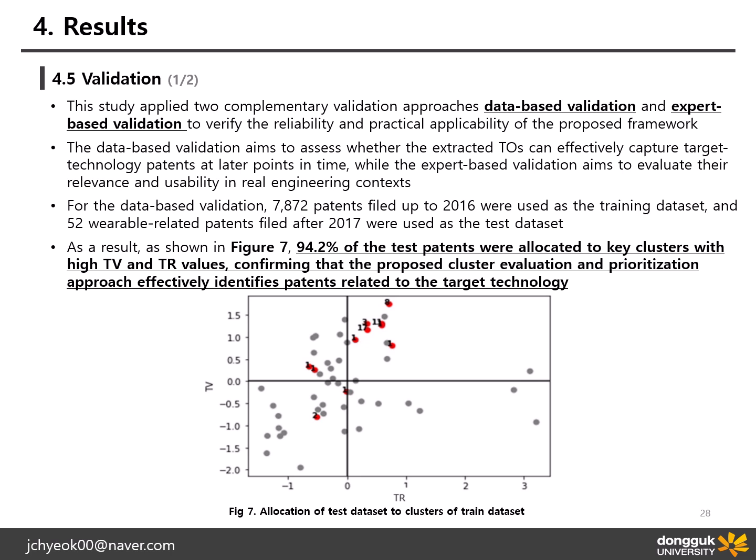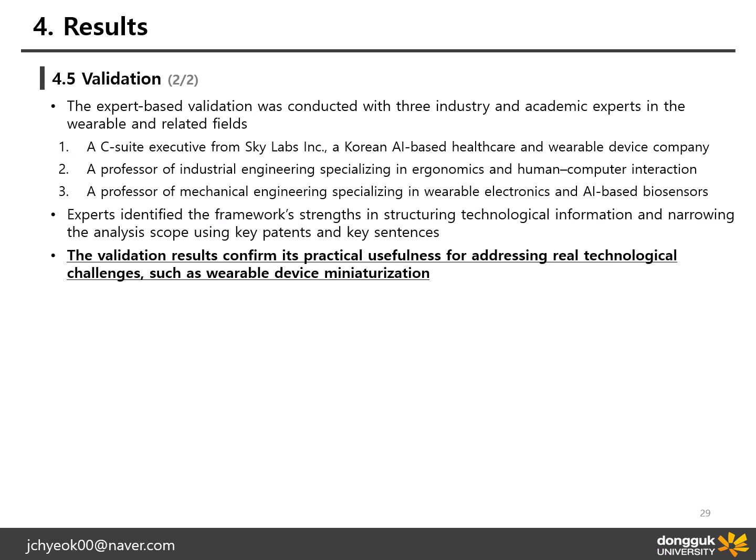As shown in Figure 7, 94.2% of the test patents were assigned to key clusters with high technological value and relevance, confirming that the proposed cluster evaluation and prioritization approach effectively identifies patents related to the target technology.